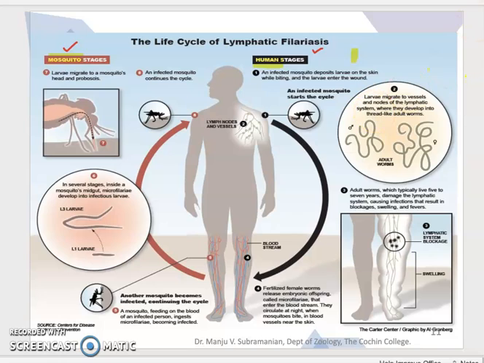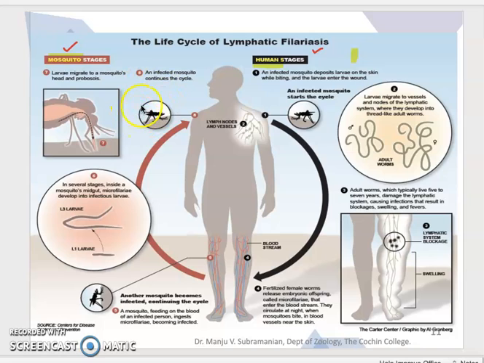Then they migrate into the bloodstream. From the lymphatic system they enter into the bloodstream, and when a mosquito vector bites the infected human host, it ingests the microfilariae, and thus they repeat the life cycle. So again this gets repeated.